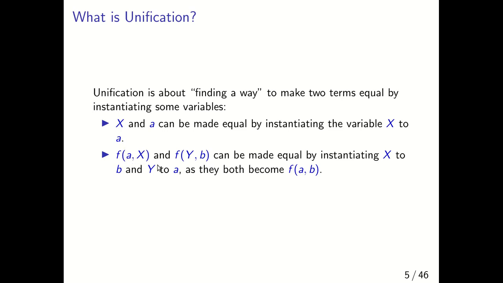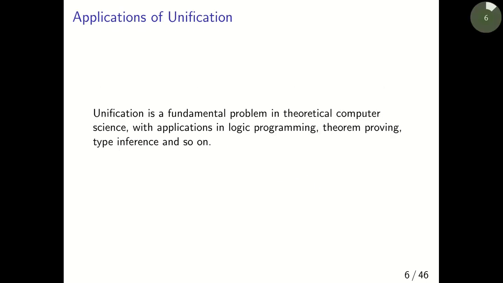Now, f of a x and f of y b can be made equal if we instantiate x to b and y to a, since both terms then become f of a b. And I want to point out that unification is a fundamental problem in theoretical computer science, which has practical applications in logic programming. So here you can think of the programming language Prolog, but also in theorem proving, type inference, and so on.